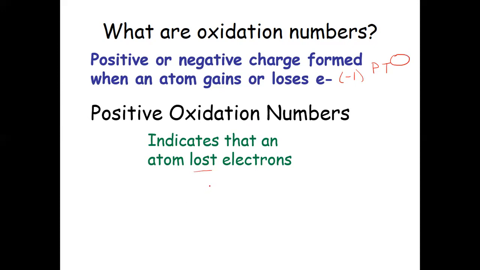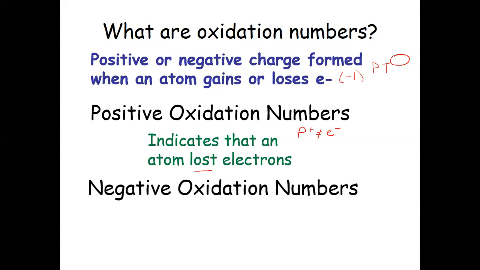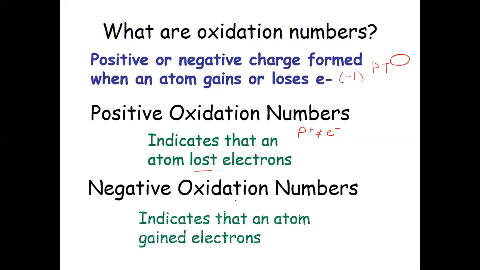It's positive because the protons that are positive no longer equal the electrons that are negative. We have more protons than electrons, so you have a positive oxidation number. Negative oxidation numbers indicate that an atom has gained electrons because we're adding a -1. Again, the protons that are positive do not equal the electrons that are negative. If you add more electrons, we have more negative charge, so therefore a negative oxidation number when you're adding electrons.